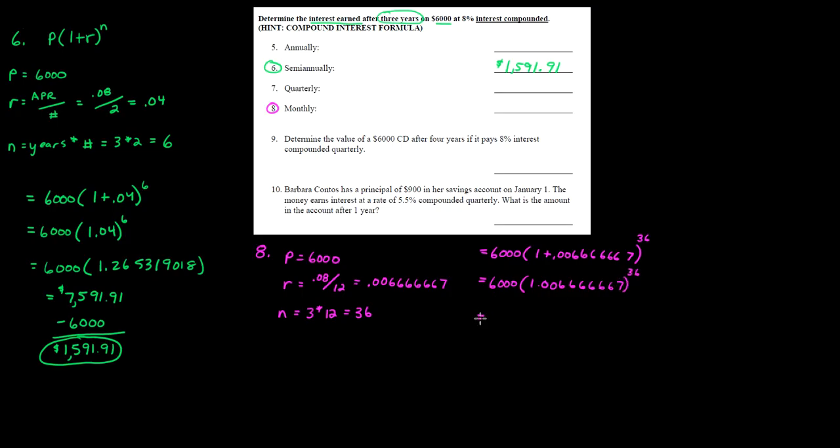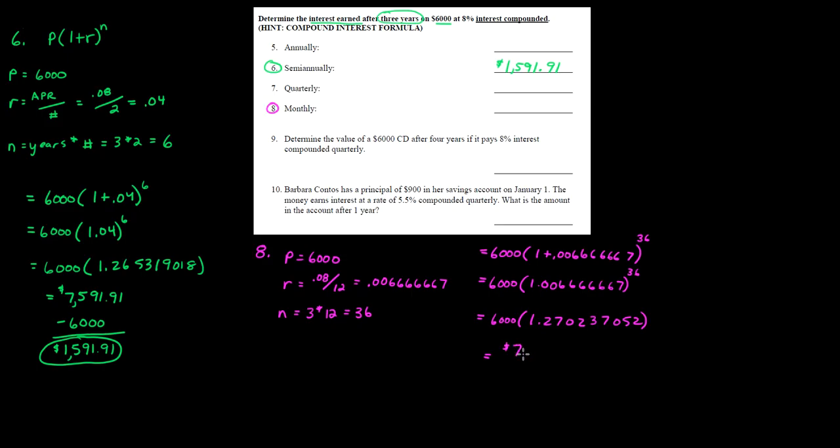All right, next thing is I do my exponent. So I'll go 1.0066666667 to the 36th power, and that leaves me with 1.270237052. Now I'll multiply these two together.